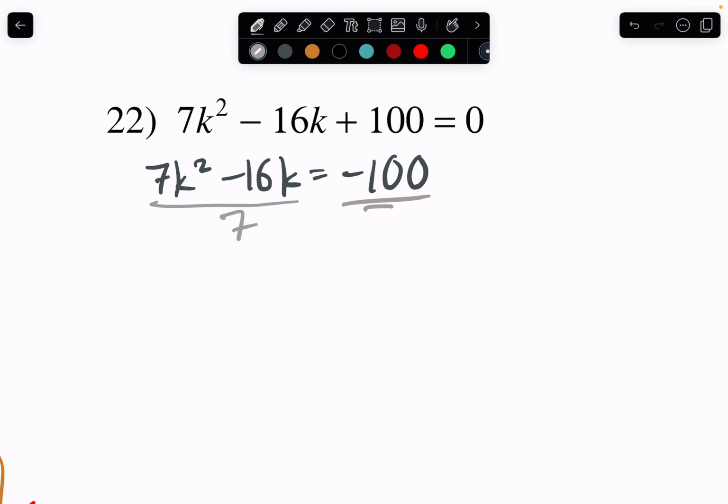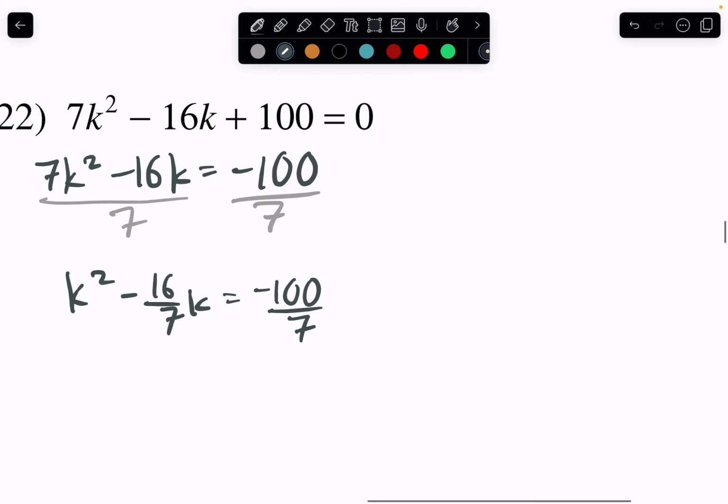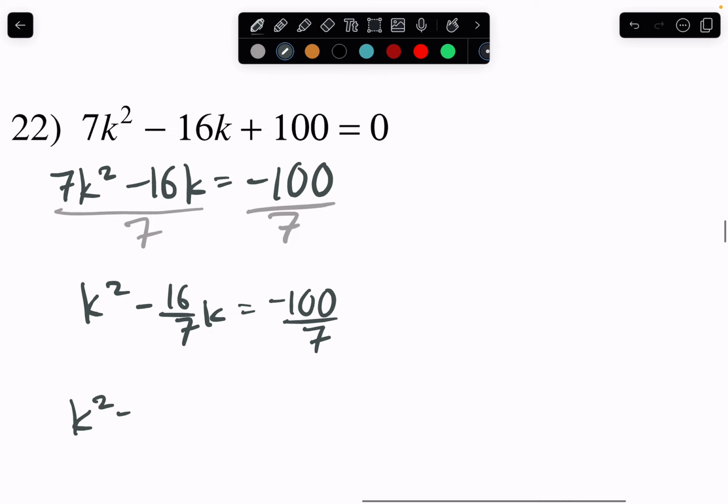So divide both sides by 7. Okay, so if ever our first trick won't work here, then I'm sorry, I wouldn't be able to solve this anymore.